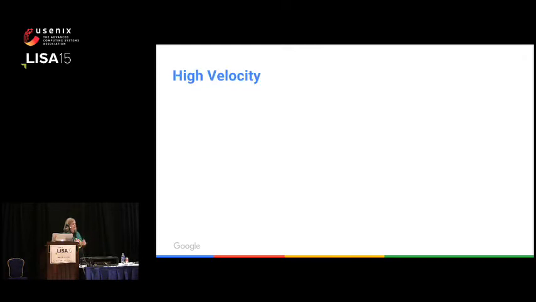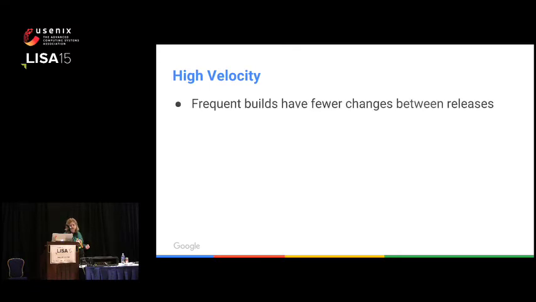High velocity. You hear a lot about high velocity in the industry now. We believe that frequent builds, well, we know, it's a fact, frequent builds have fewer changes between releases. And it makes it easier to troubleshoot problems because incrementally between each release, fewer things have changed.